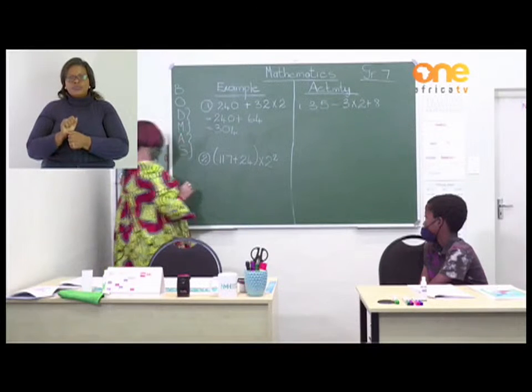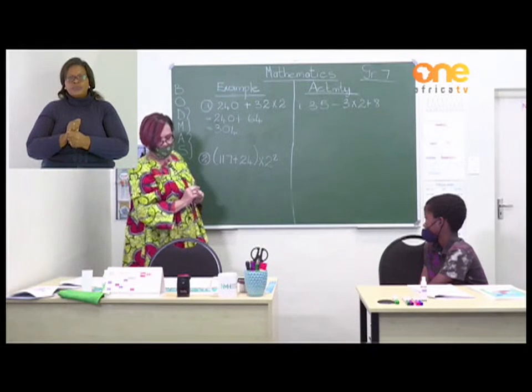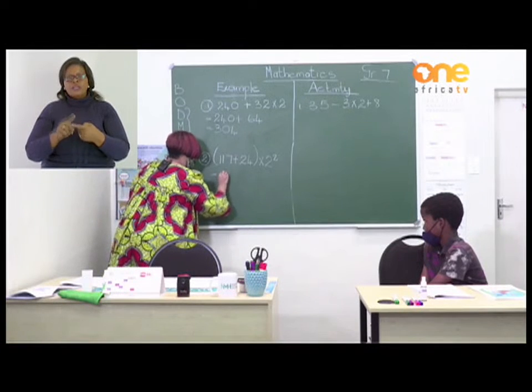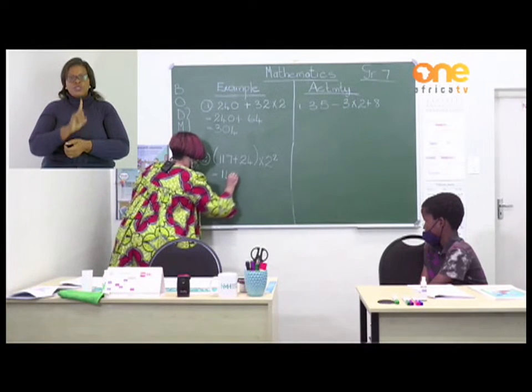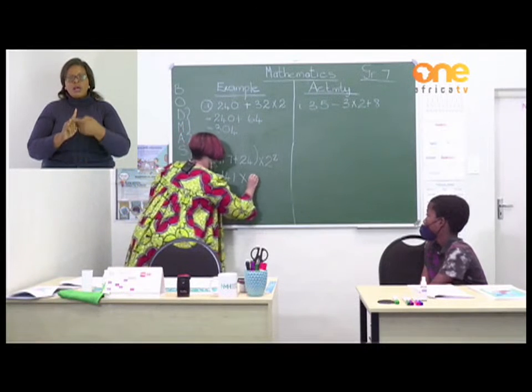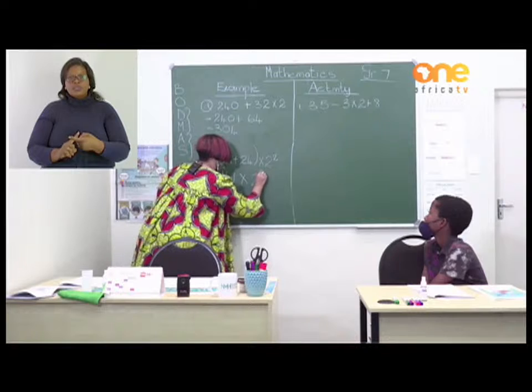So 117 plus 24 gives me 141 times 2 squared.